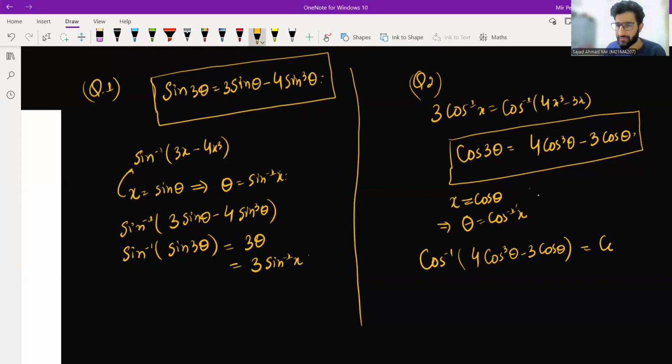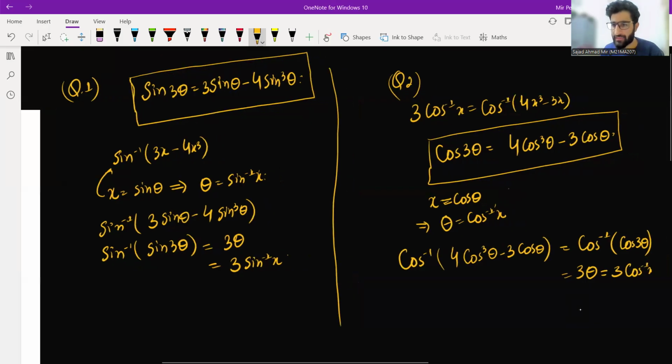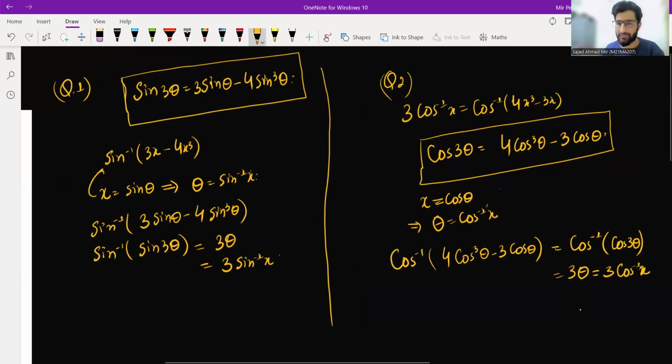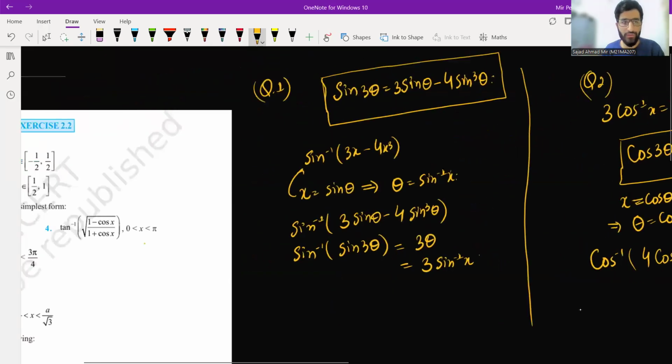So this will be cos inverse of cos of 3 theta, and cos inverse and cos cancel. Then we get 3 theta, and 3 times cos inverse of x. That's what we have to prove.